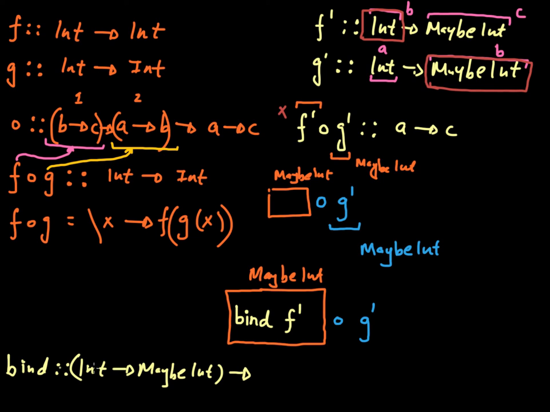Well, bind f prime is basically this entire piece in orange, which takes in as an input a maybe integer. And what it gives back as an output is basically the output of your original f prime, which was in this case maybe integer. So in this case it's going to be again maybe some integer.